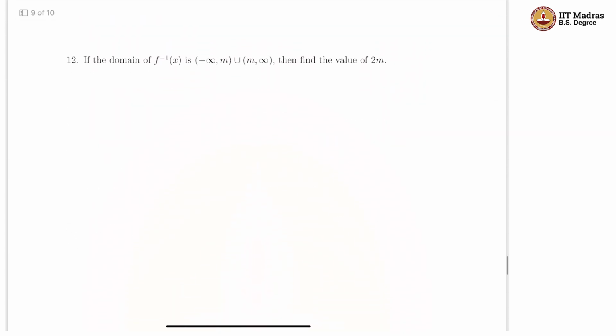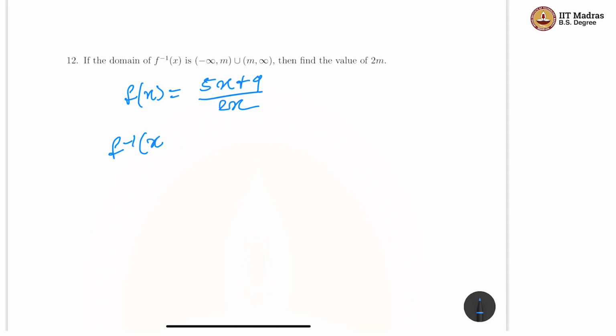Okay, let's move to the next question. If the domain of f inverse is minus infinity to n union m to infinity, then find the value of 2m. What was f(x)? f(x) was (5x plus 9) by 2x, right? So what will be f inverse? Let this be equal to y, then we have (5y plus 9) by 2y equals x, right?